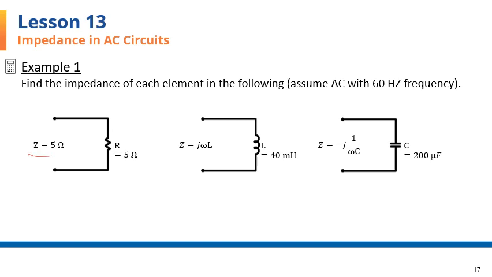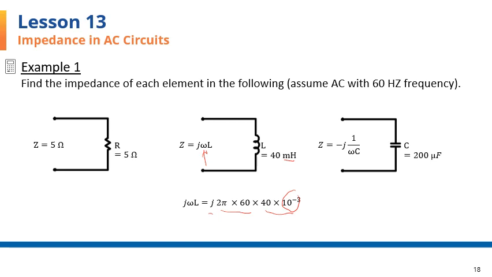For the inductor, I will substitute 2 pi times 60 for omega, and will substitute 40 times 10 to the power of -3 for L, find the product and precede the result by the letter J. You see that here, J times 2 pi times 60, that's for omega, and 40 times 10 to the power of -3. 10 to the power of -3 is to account for millihenries.